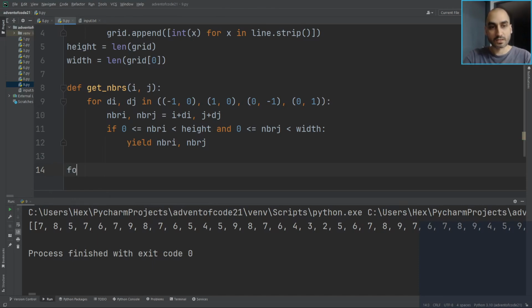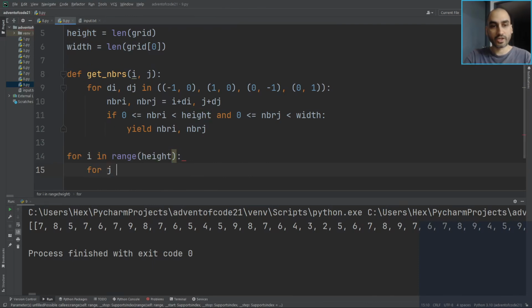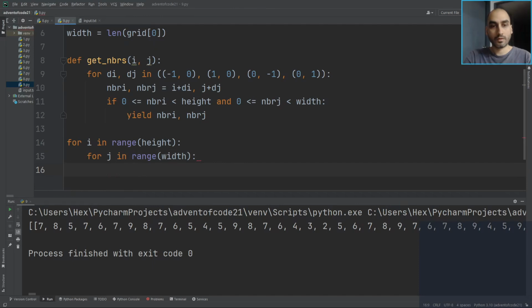So the process goes: for i in range height, for j in range width, we want to check if the grid, say h is the value that's at grid ij.